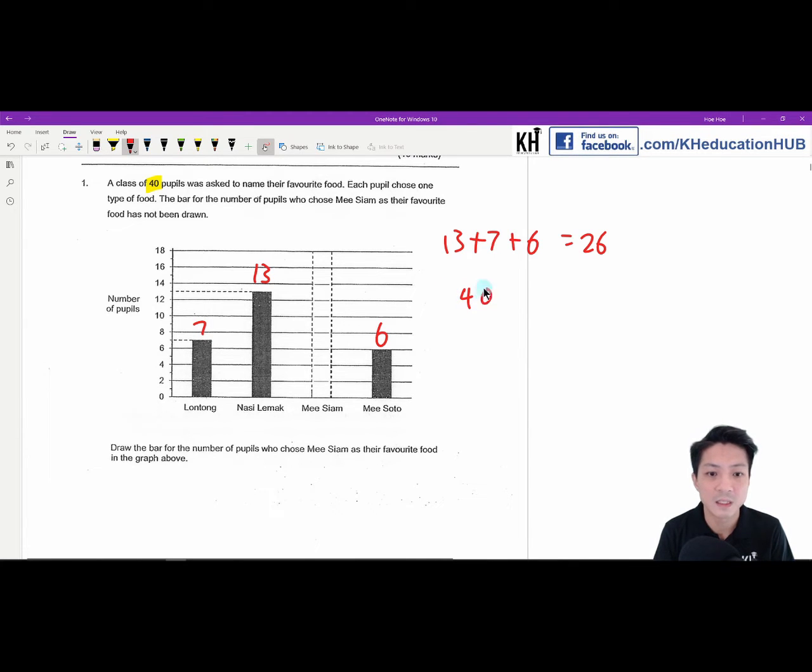And then after that, I will need to use 40 minus 26. That will give me 14. So I just need to draw the bar over here, 14.